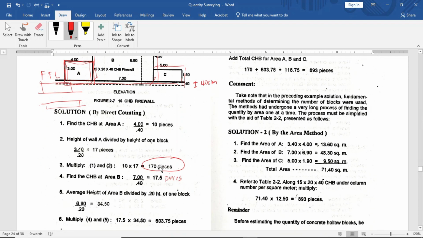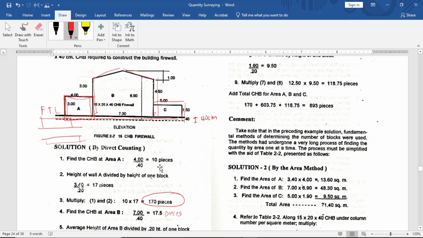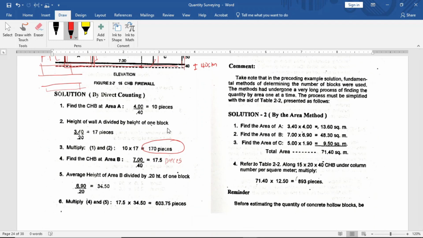So ang gagawin natin is average natin yung height ng area B. So ang average height simula sa ilalim, kasama na yung 0.4 is 6.9 meters. So i-average lang natin. So ang average height is 6.9. So 6.9 divided by 0.2 is 34.5 pieces or layers of CHB.